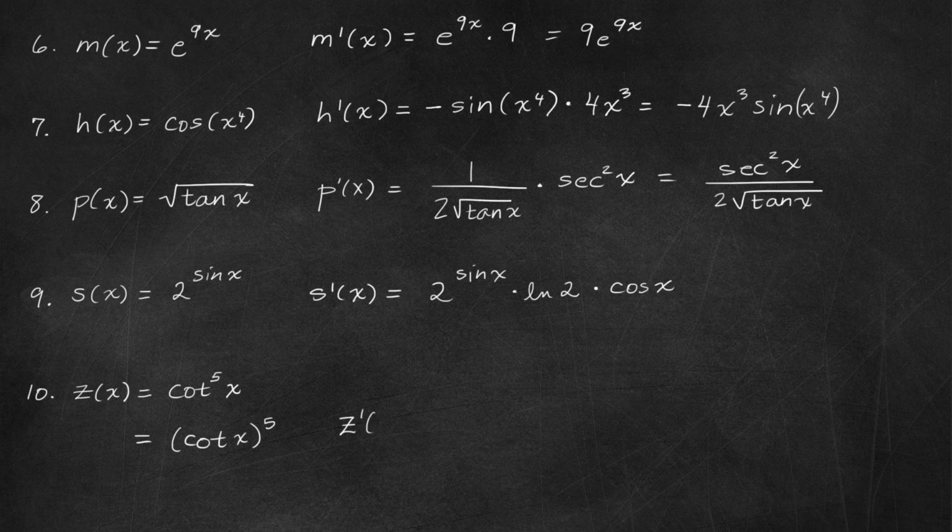So now z prime of x, the derivative of stuff to the power 5 is 5 times stuff to the power 4 times the derivative of the stuff. And the derivative of cotan x is negative cosecant squared x. So this is negative 5 cosecant squared x cotan to the power 4 x.